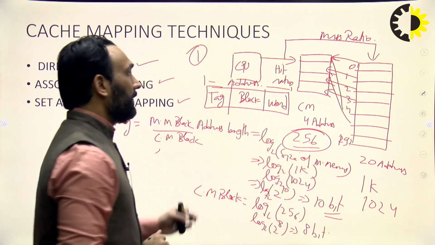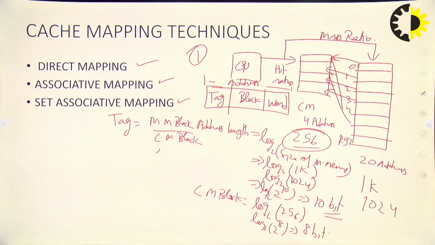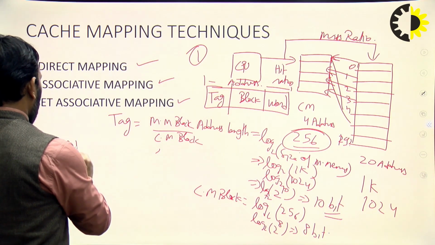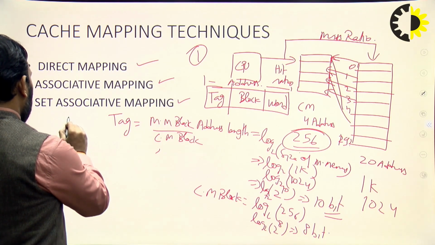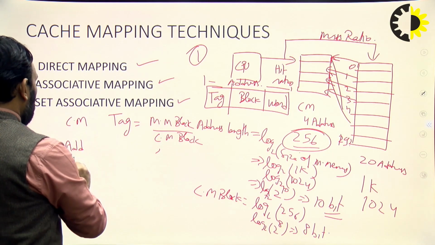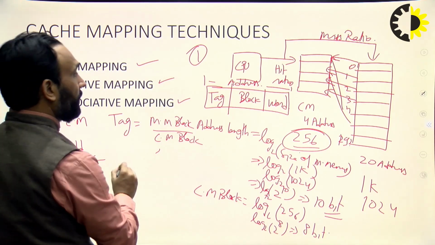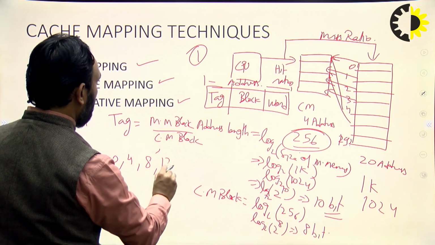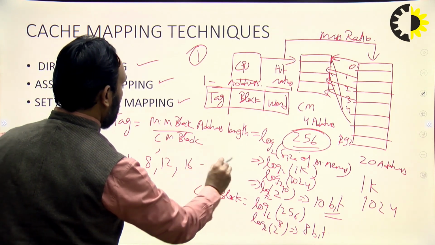So after that there is a sequence of addresses. Cache memory address 0 consists of 0, 4, 8, 12, 16 and so on.